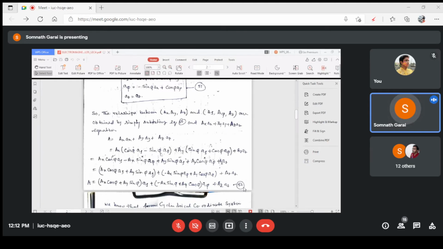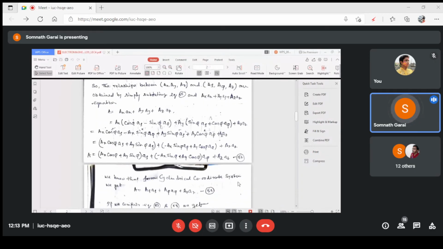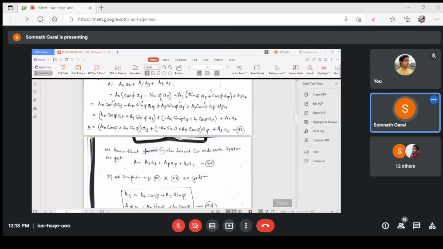So equation number 52 represents the vector equation of the cylindrical coordinate system with respect to the Cartesian coordinate system, right? Now compare equation number 52 and equation number 53, where 53 is the standard vector equation of the cylindrical coordinate system.